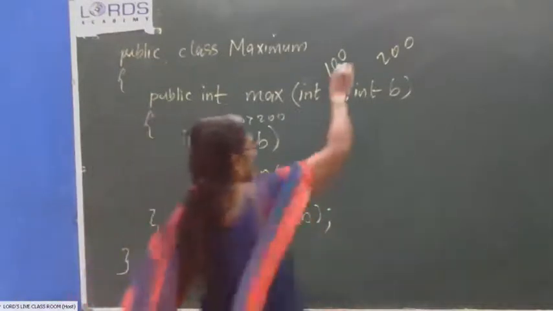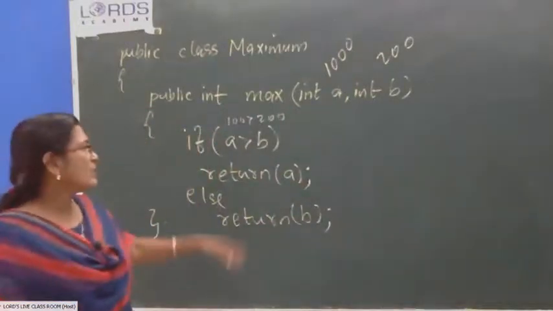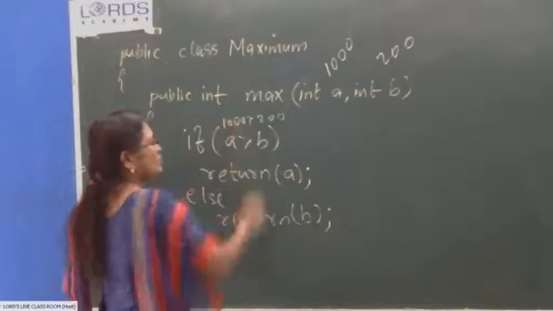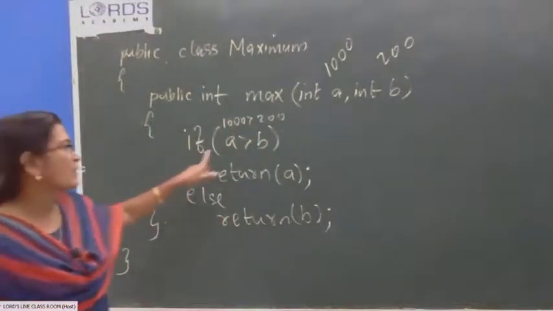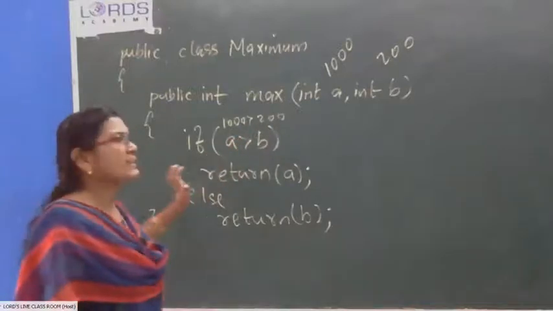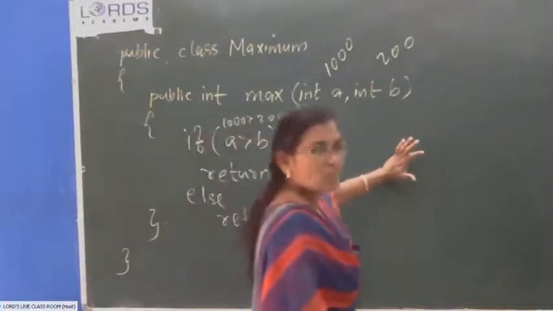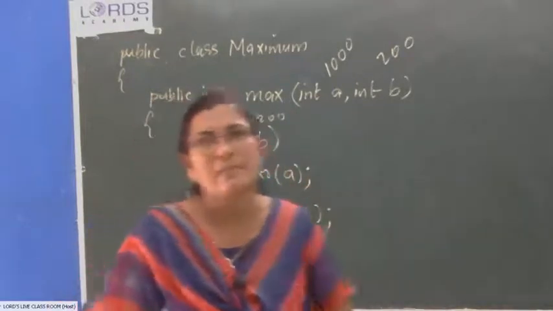Assume that you have entered the value 1000 for a and 200 for b. In this case, is 1000 greater than 200? Yes. So the first return command will be executed. Return a. So you will get 1000 displayed on the method call window. But only one return statement will be executed.